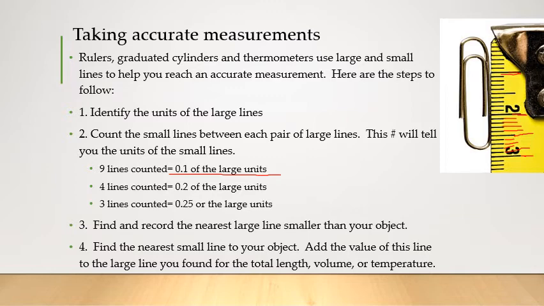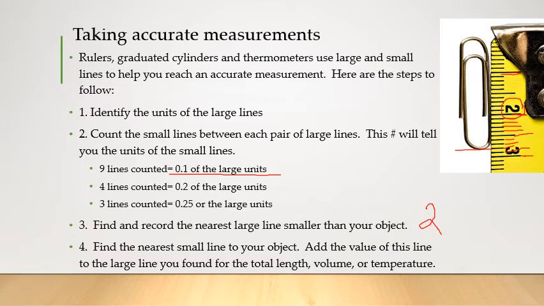So let's take a look at where our paperclip falls. It falls right there. Okay, so we're going to find and record the nearest large line smaller than our object. Well, we know 3 is too high, so we're going to look at the 2. Okay, so we're going to write that down, 2.